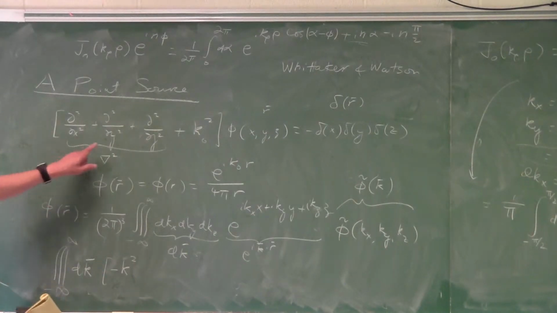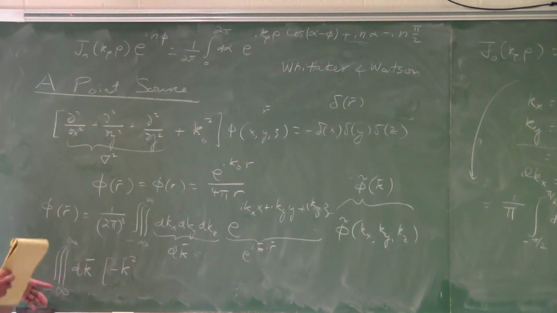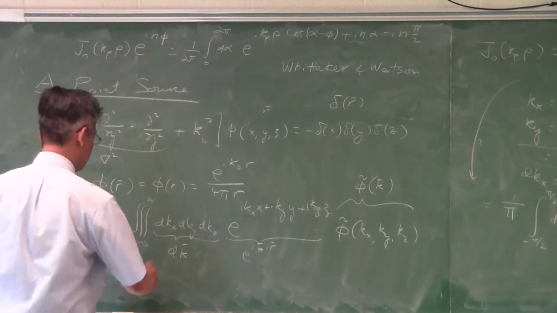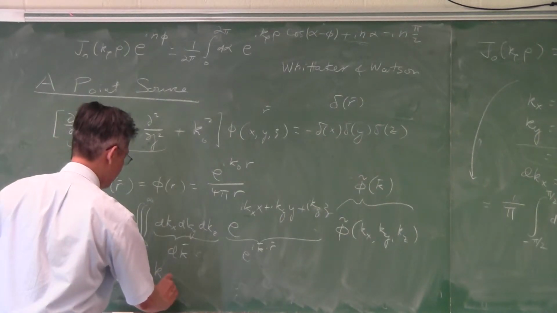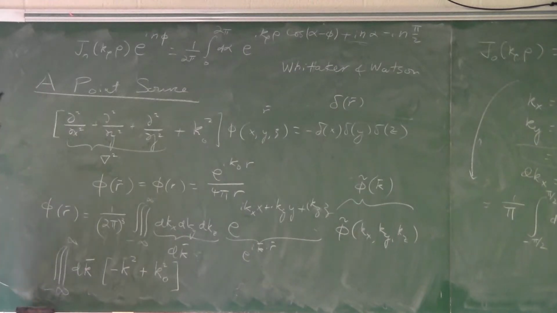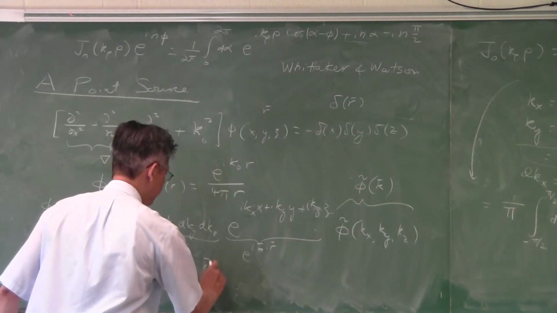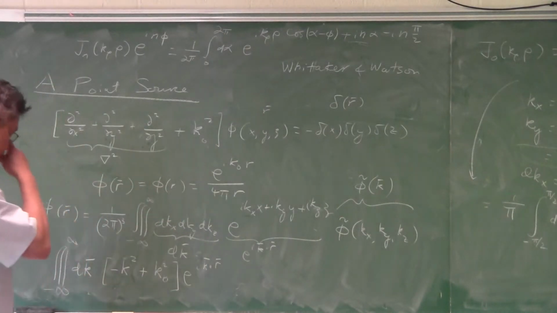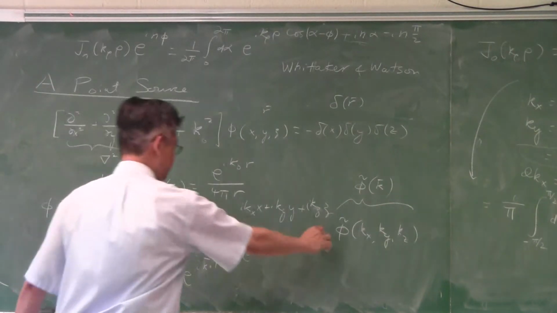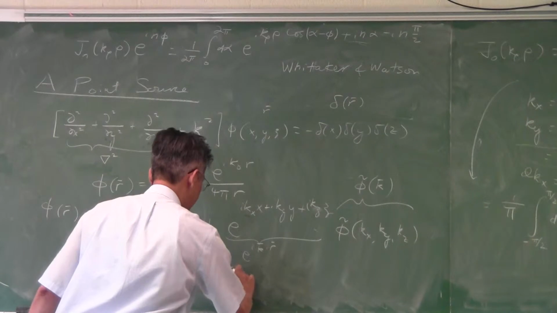It's actually kx squared plus ky squared plus kz squared, I just call it k squared, plus k naught squared, and then e to the i k dot r, times phi tilde of k.